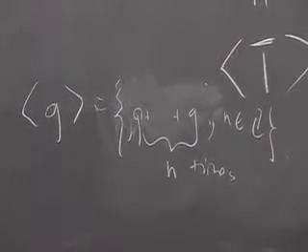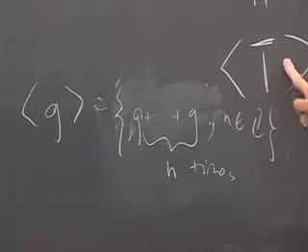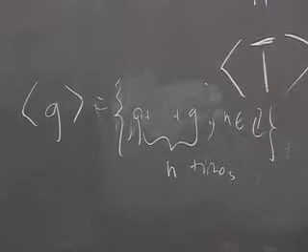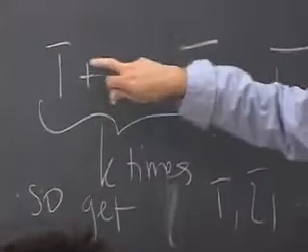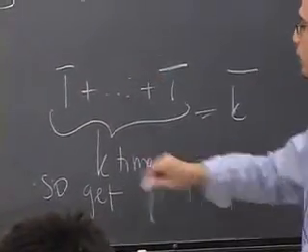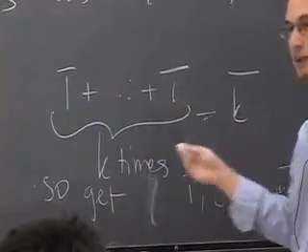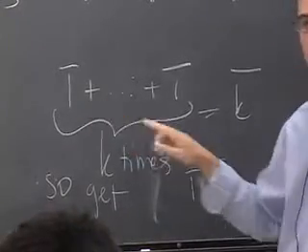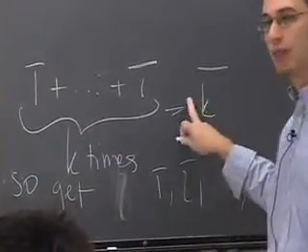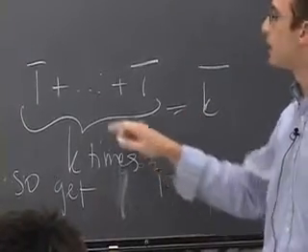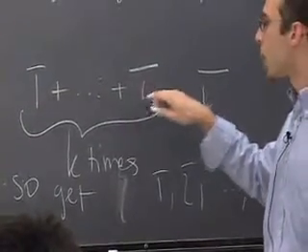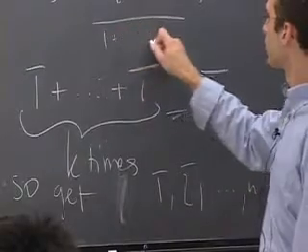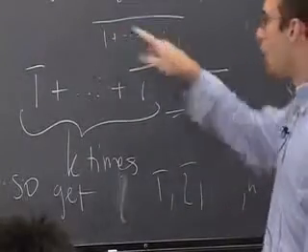In particular, the cyclic subgroup generated by 1 bar contains 1 bar, 1 bar plus 1 bar, 1 bar plus 1 bar plus 1 bar. So it certainly contains 1 bar added to itself k times. Well, if I add 1 bar to itself k times, then I get k bar because of associativity. 1 bar plus dot dot dot plus 1 bar looks like (1 plus k times) all bar.